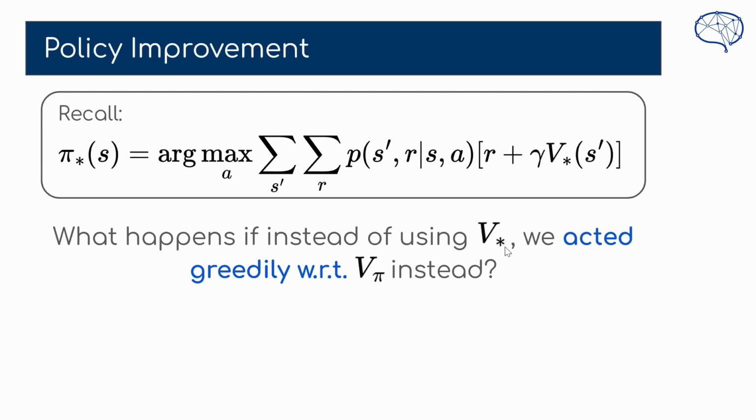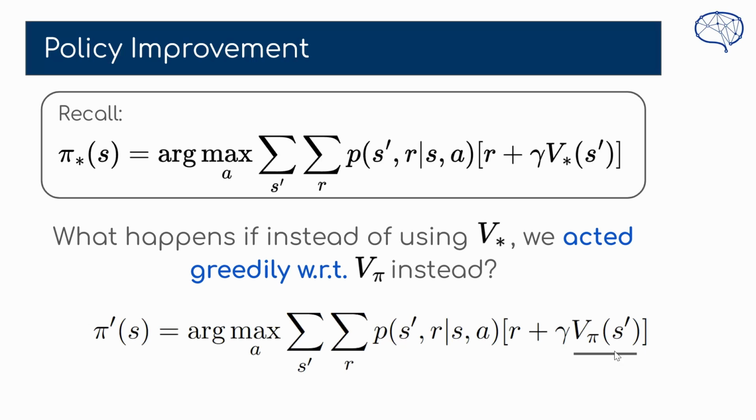Instead of using our optimal, we can just use the values that we have right now. We can act greedily using the current values. So when we're updating how we choose our actions, our new policy just uses the current values that we have.